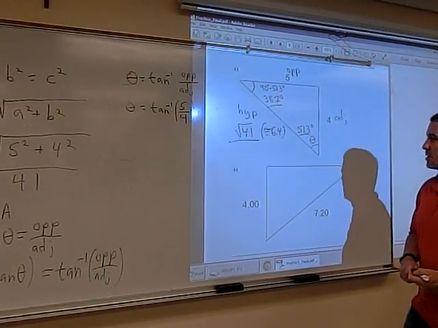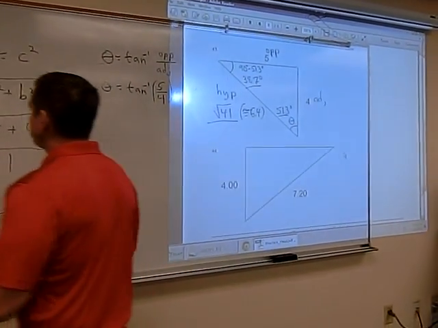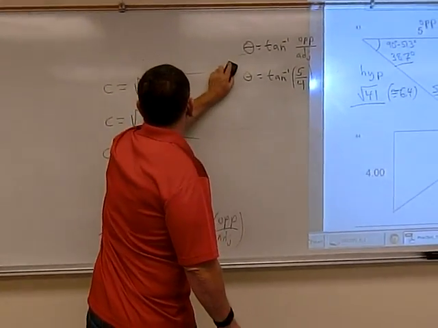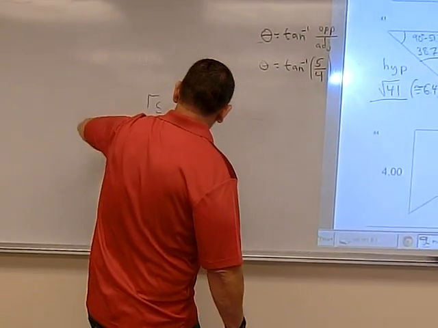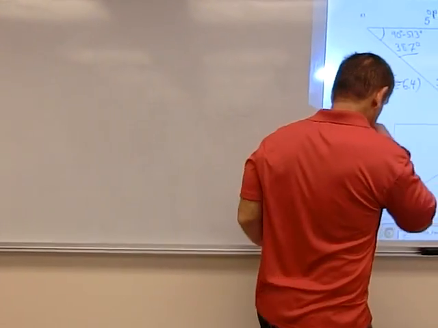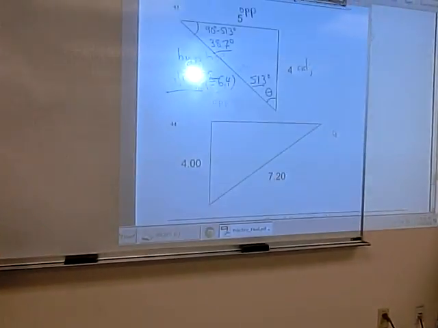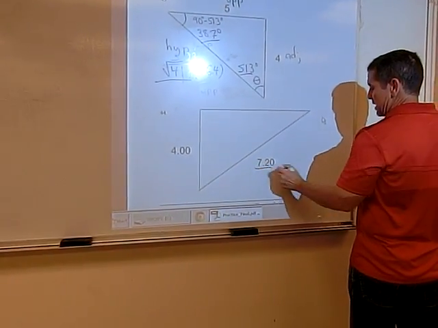Okay, so we're down to the last triangle. We've got this guy. Who's this guy? Hypotenuse.